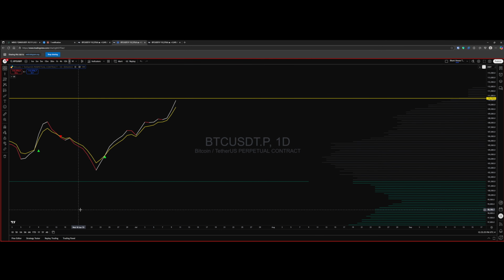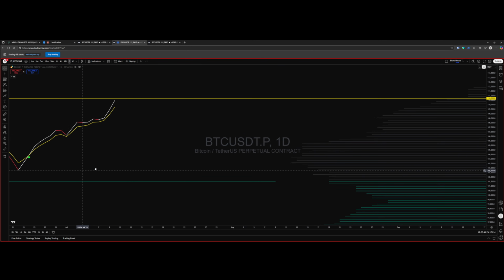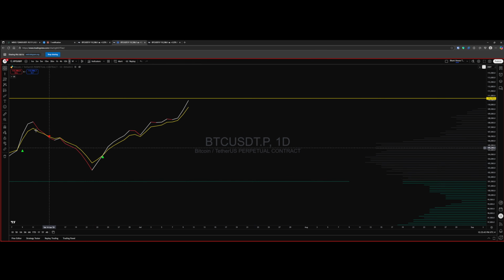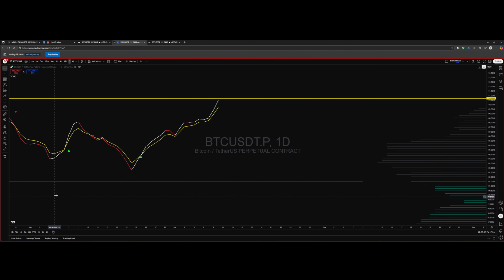So in our script that we're using, the 5 EMA, you'll see goes from red to white. Why? Well, it's sensing an influx of capital coming in, and it's changing the direction. So that's the earliest signal we have that there's money coming in.